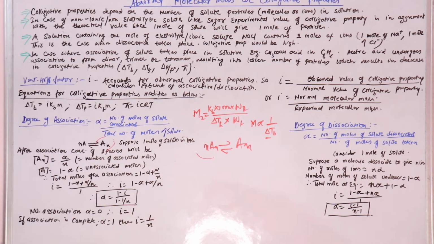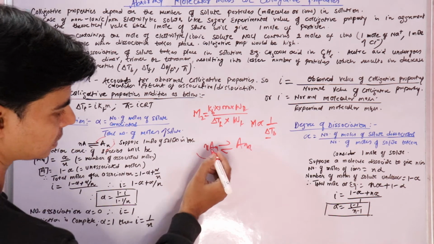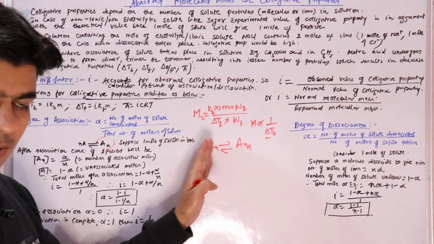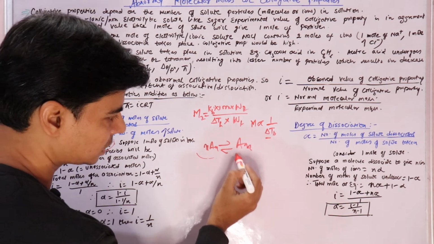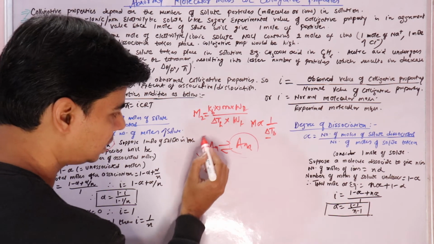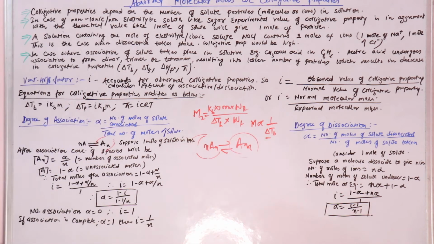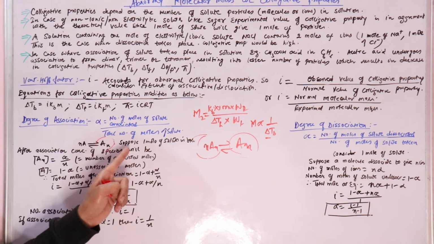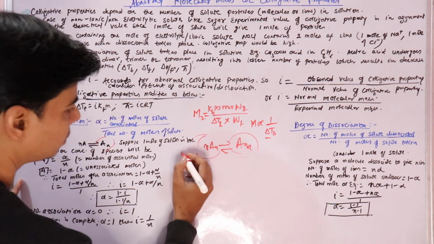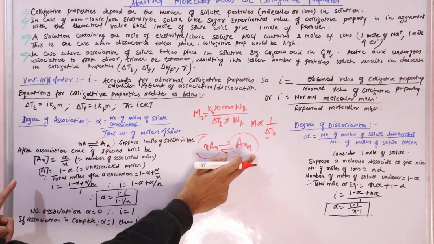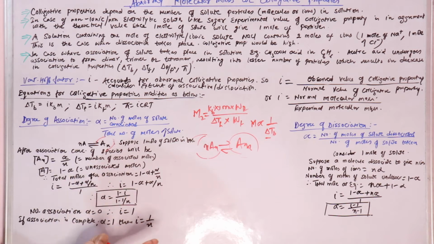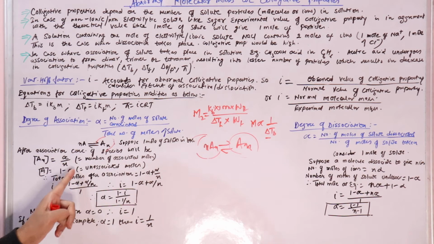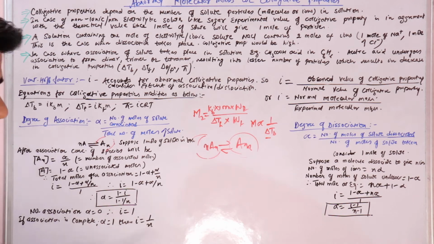So after association has occurred, let's calculate the concentration of these associated molecules and these unassociated molecules. After association, the concentration of the associated molecules would be alpha upon n. Why n? Because alpha is the degree of association and n is the number of molecules associated.